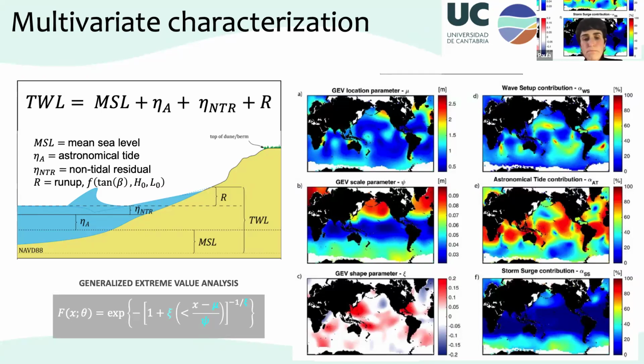And we can analyze the extreme sea levels, for example, applying an extreme value analysis. This extreme value analysis has three parameters: the location, the scale, and the shape parameters, which give us information about how these extreme sea levels behave. And if we have time series at many locations, as we can see here at a global scale, we can obtain these three parameters in all these locations.